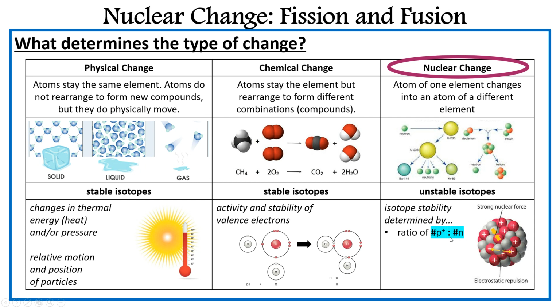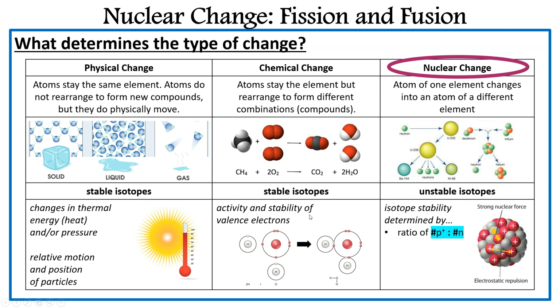That ratio ultimately determines whether or not the atom is going to be stable or not. So nuclear changes are very much focused on protons and neutrons and what is happening in the nucleus of an atom.